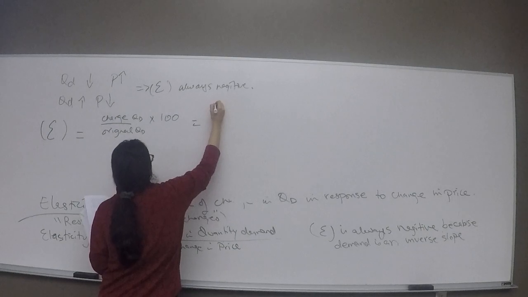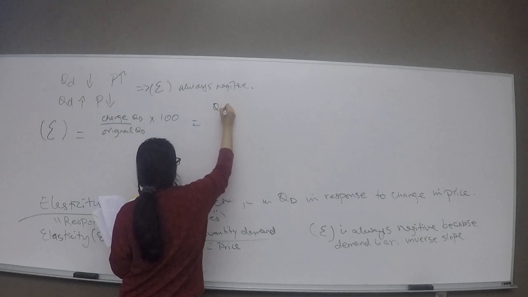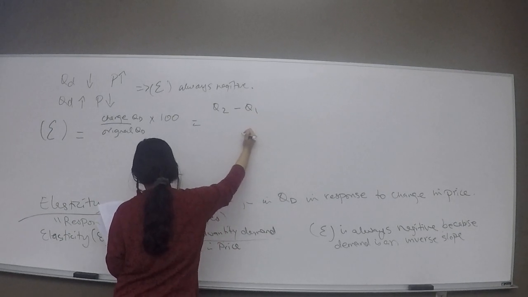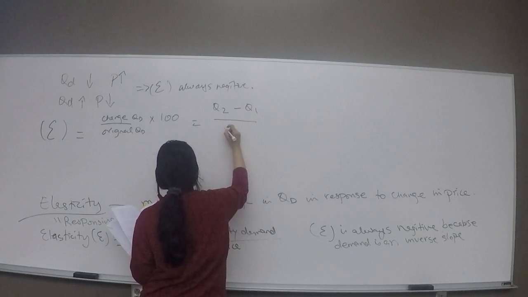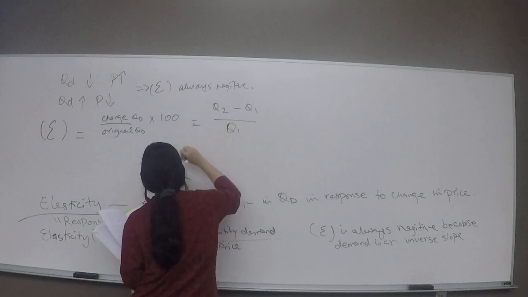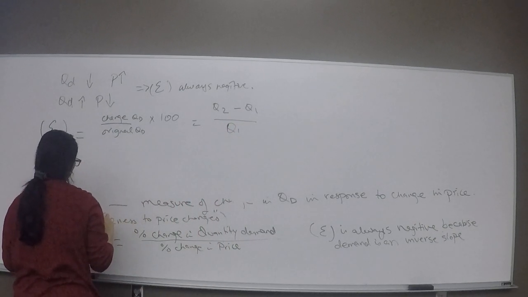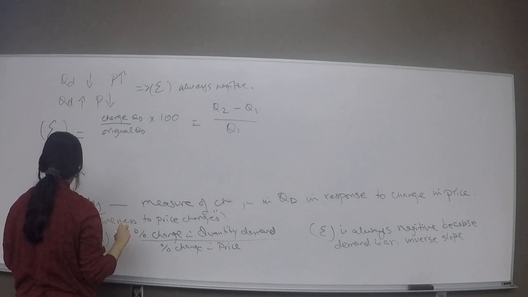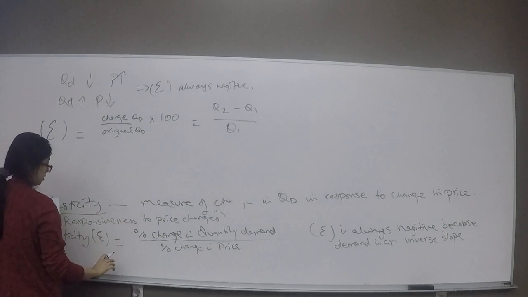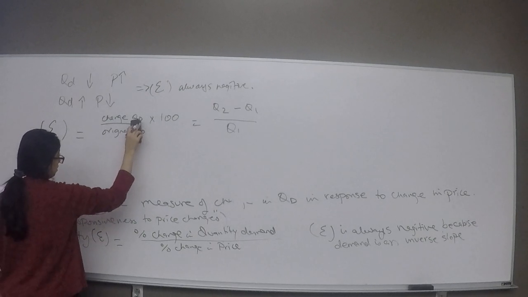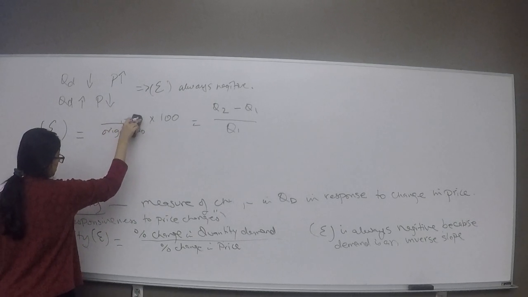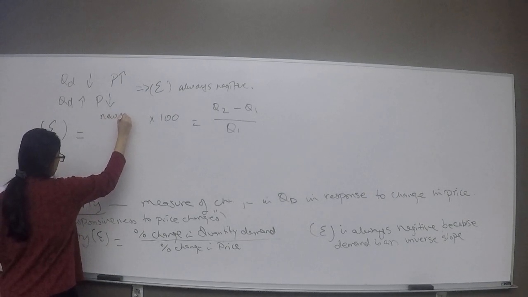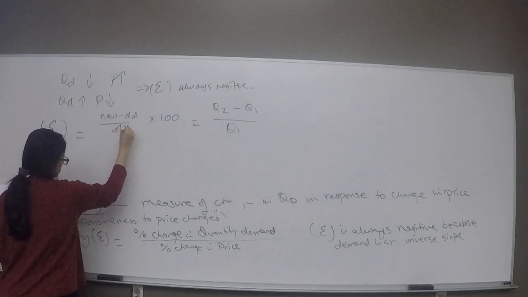Or you can say it is Q2 minus Q1 divided by Q1. New minus old divided by old. That's easier.